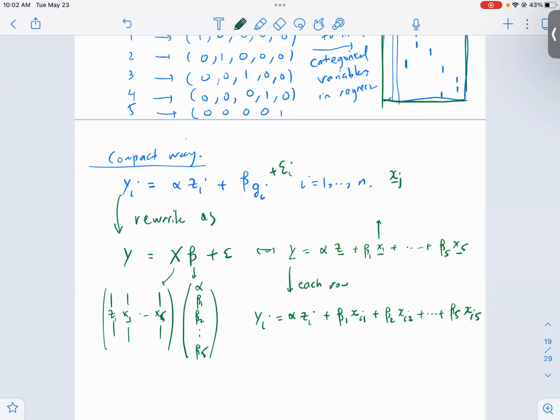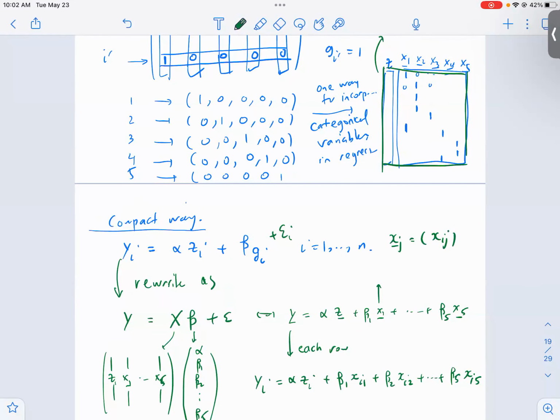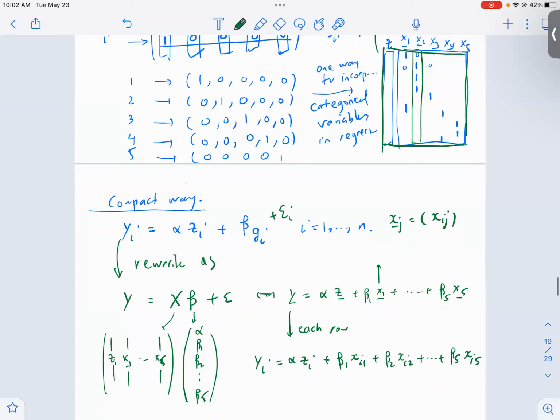So xj is the jth column. So let's say the second column, that's the second column. How many are 0 or 1 depends on how many are in group 2. So these are the columns. So x is like xij.